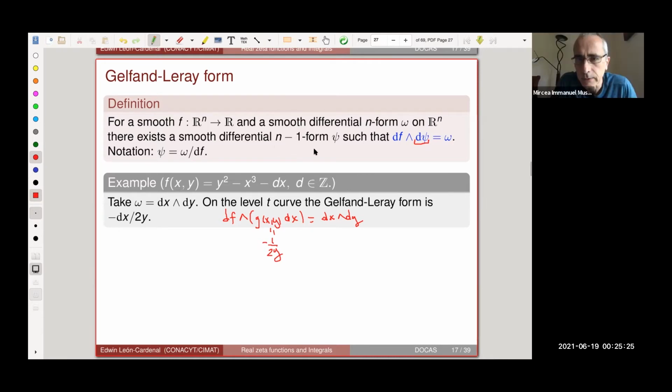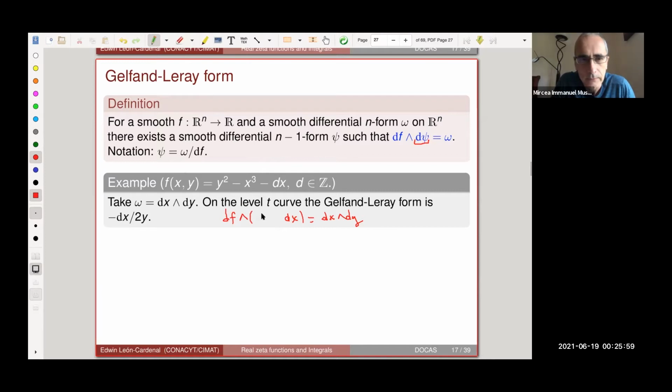So if you take d psi, this would be an n-form, and then wedging with df would be an n+1 form.